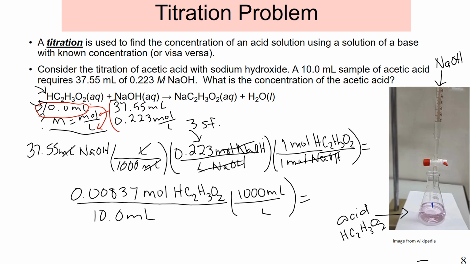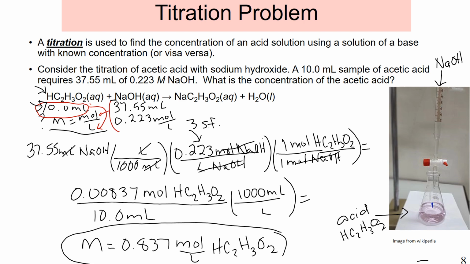So divided by 10 times 1,000, and I get that the molarity equals 0.837 moles per liter of HC2H3O2. And that's the answer right there.